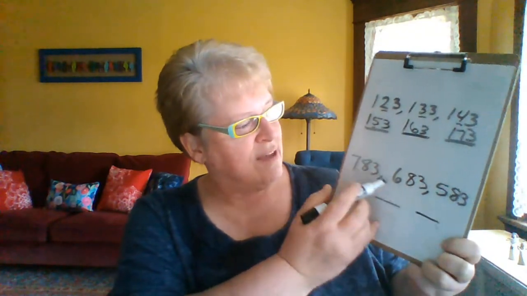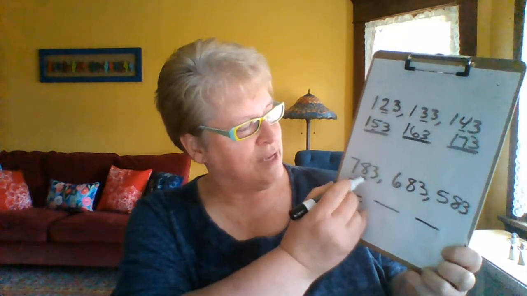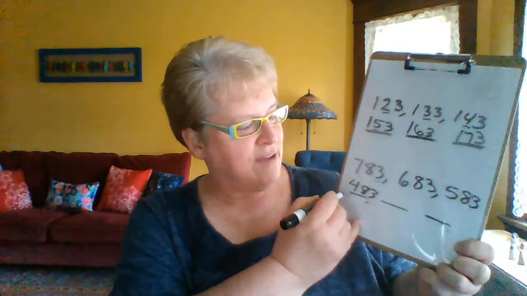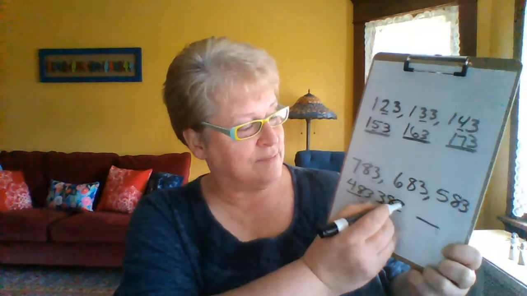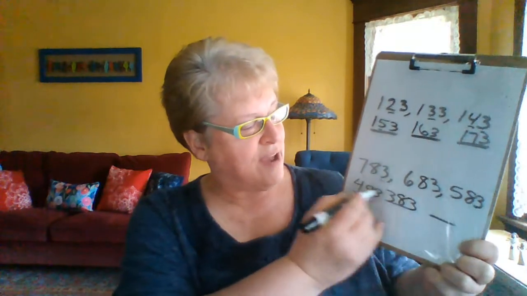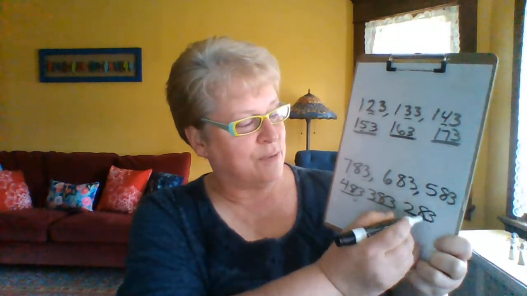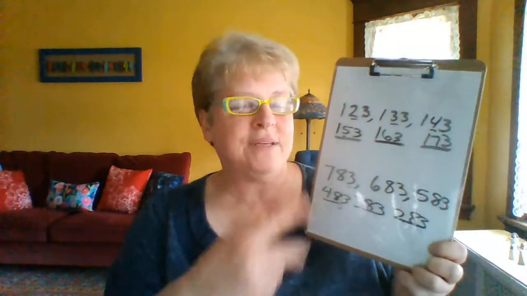So 7, 6, 5, good, 4, and then we keep our constant, 83, 3, and then our constant, 2, 83. Good job. See how we did that? We manipulated the tens and the ones column by adding or taking away.